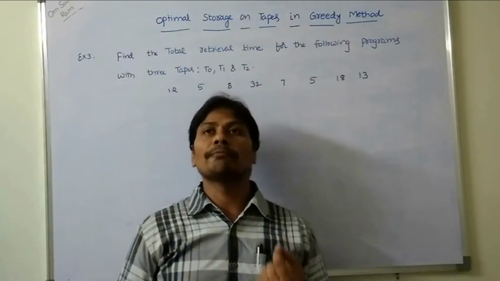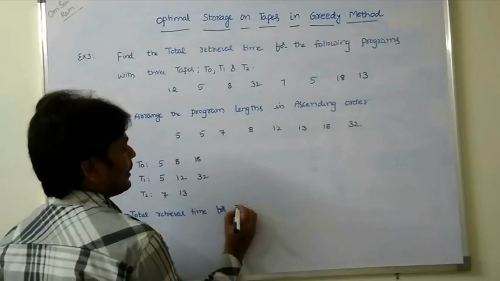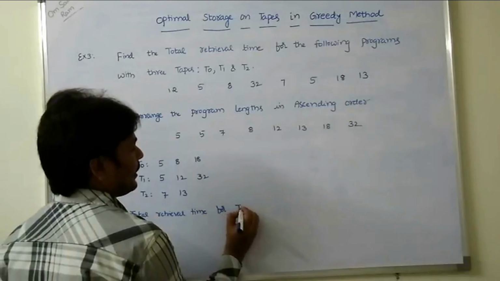Now total retrieval time for tape T0 is equal to: time required for accessing the first program is 5, plus time required for accessing the second program, which is the time for the first program plus the second program, plus the time for accessing the third program, which is the first plus the second plus the third.